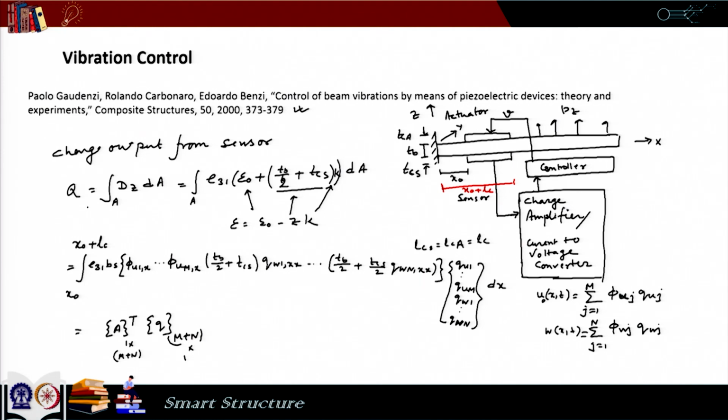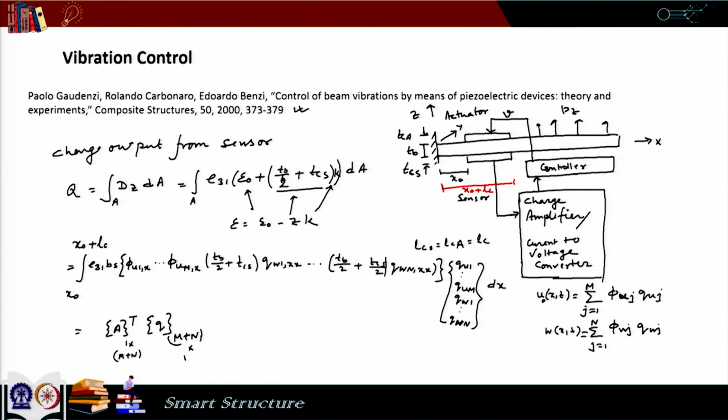Charge is the surface integral of dz, and dz is E31 multiplied by the strain. The strain expression is in terms of epsilon 0 and kappa, which come in terms of the derivatives of phi u and phi w.